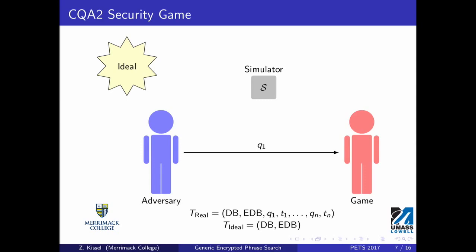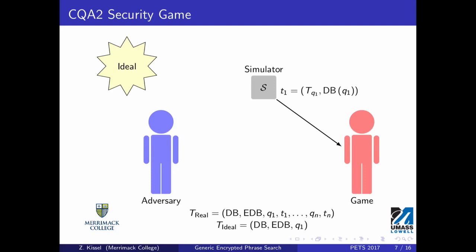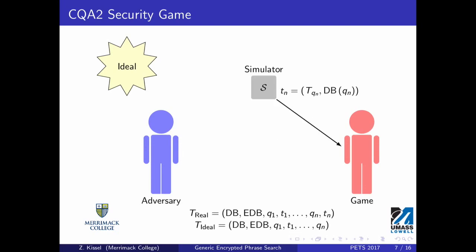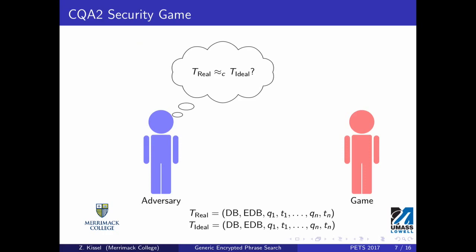On a query, the queries are forwarded to the game, the leakage to the simulator, and the simulator simulates what the trapdoor should be and what the results are. And this can be repeated n times. Then we ask the question, is the real transcript computationally indistinguishable from the ideal transcript?